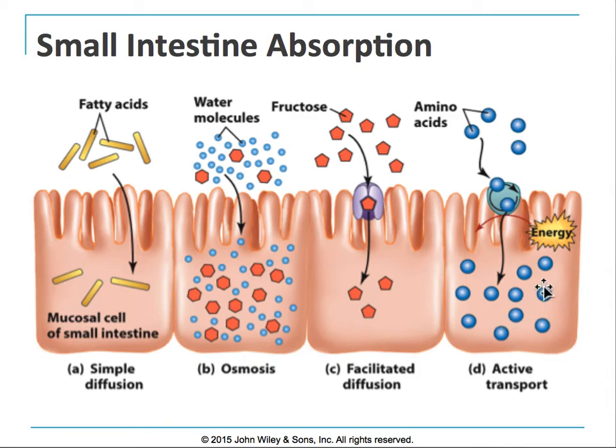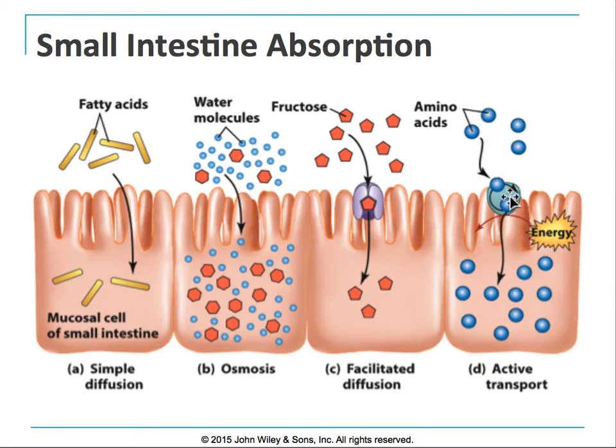You can imagine maybe if you've ever been on the subway, the amino acids are like people trying to pack themselves into a subway car during rush hour, right? It's already really packed. They can't just walk on like these fatty acids in simple diffusion. It really is difficult for them. They have to really pack themselves in there, and that's going to take some energy.